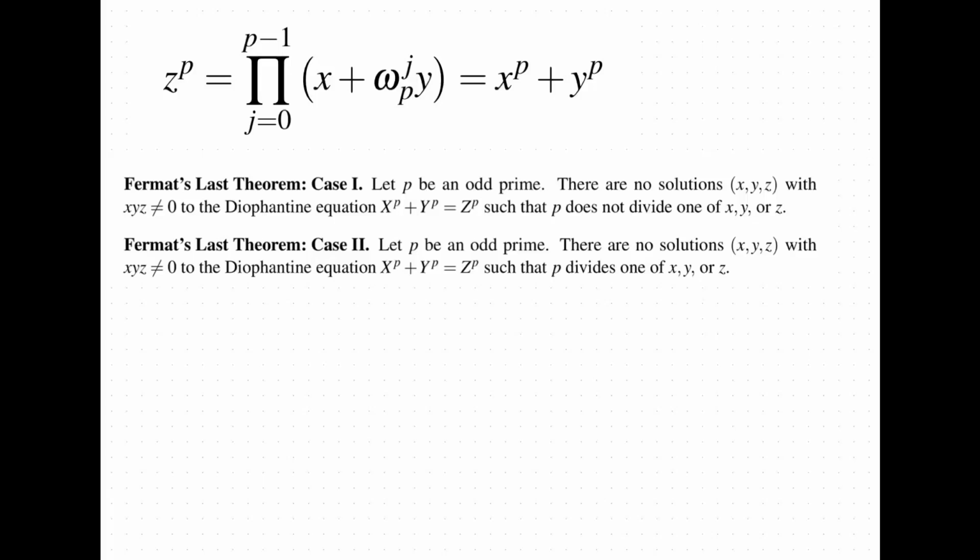There are no solutions x, y, z, with xyz not equal to 0, to the Diophantine equation x to the p plus y to the p equals z to the p, such that p does not divide one of x, y, or z. And then the second case is the remaining situation, which is now there are no solutions x, y, z non-zero, such that p divides one of x, y, or z.